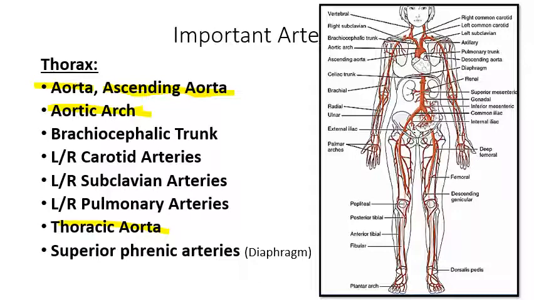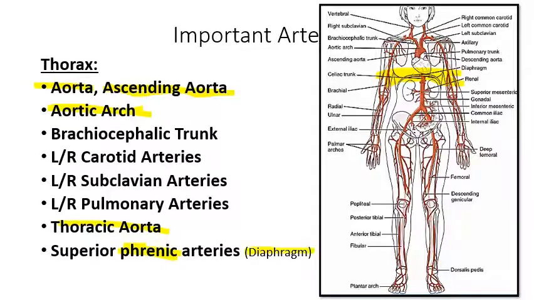And then eventually as we reach the diaphragm, remember that the diaphragm is the official boundary between the thorax and the abdomen. When we get to the diaphragm, there are some arteries that come off of the thoracic aorta that bring blood to the top of the diaphragm, and we call those the superior phrenic arteries. Remember the word phrenic refers to the diaphragm.